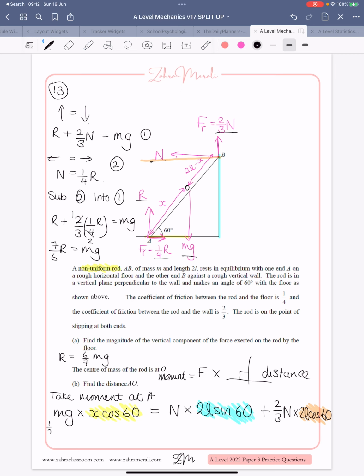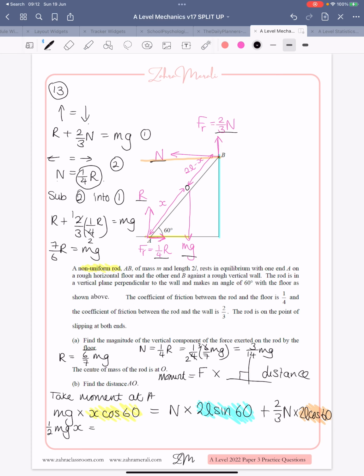So we get 1/2 mgx equals, sine 60 is √3. We know from what we did previously, N is the same as 1/4 R. So if N equals 1/4 R, that must be 1/4 of 6/7 mg. If we cancel that down, we get 3/14 mg.